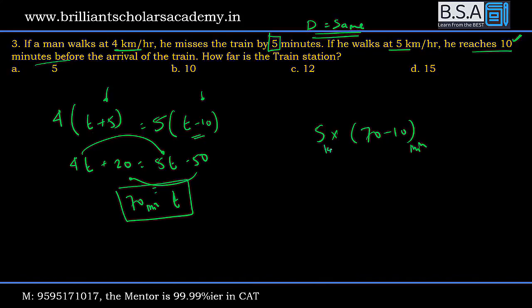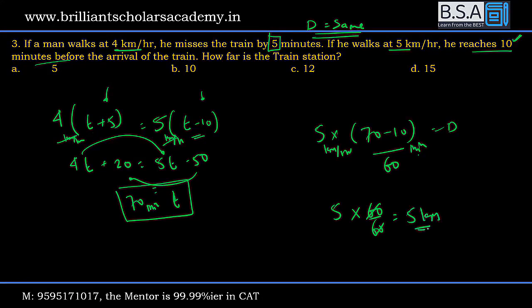This is in minutes. This is in kilometers per hour. देखो, in earlier case, the unit did not matter क्योंकि unit दोनों side will get cancelled. Right now I am calculating distance, so I need to divide it by 60. ये क्योंकि minute को hour में करना पड़ेगा 5 kilometer per hour into 60 upon 60.